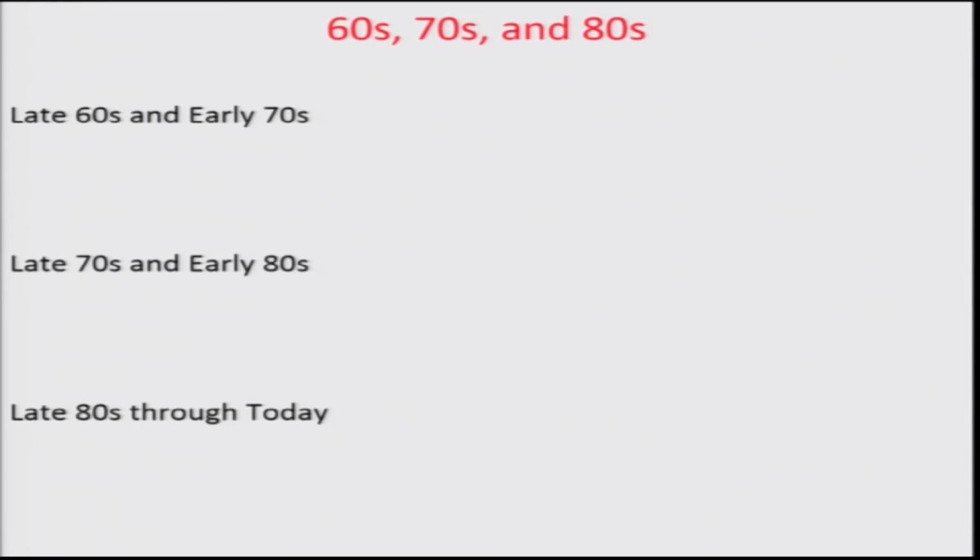So, then from the 50s, now let us move to the 60s, 70s and 80s. In the late 60s and early 70s, the major thing is that mainframe computers were popular. Okay.